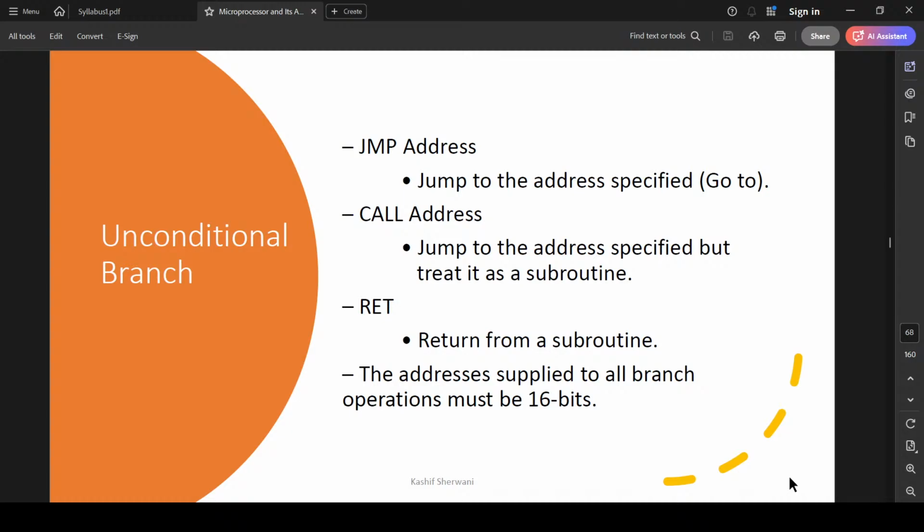RET: return from subroutine. The addresses supplied to all branch operations must be 16-bit. So after JMP, the address should be 16-bit, like a 16-bit memory location.